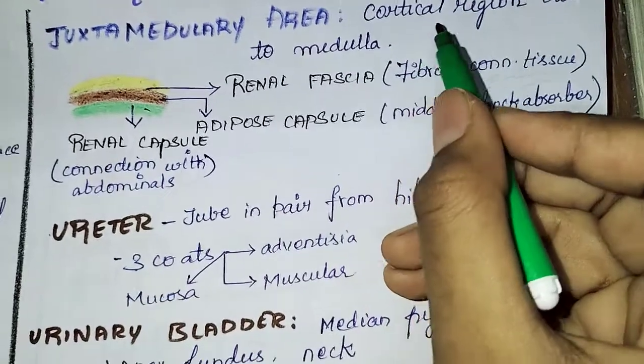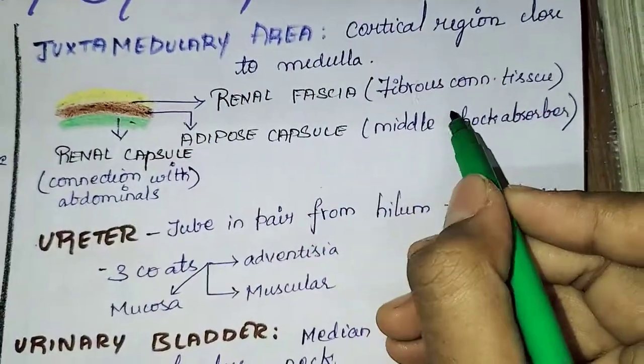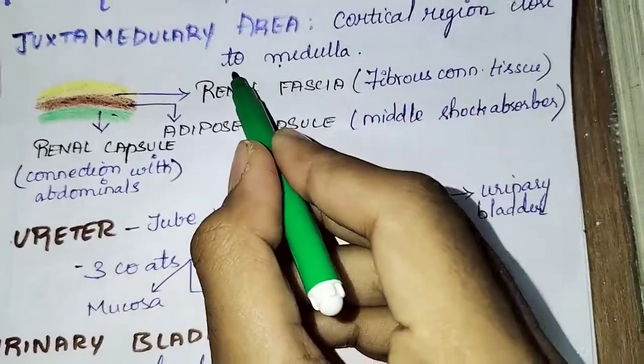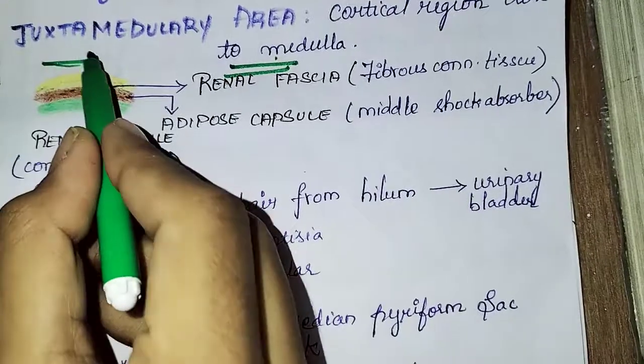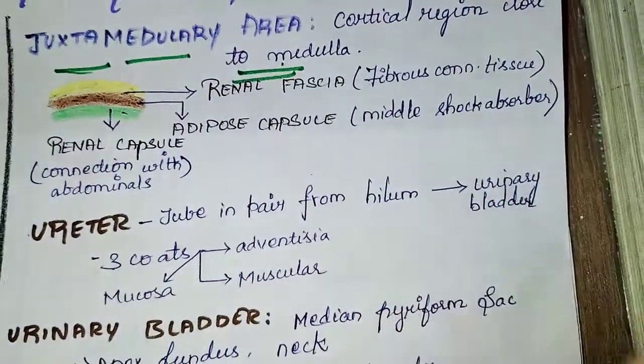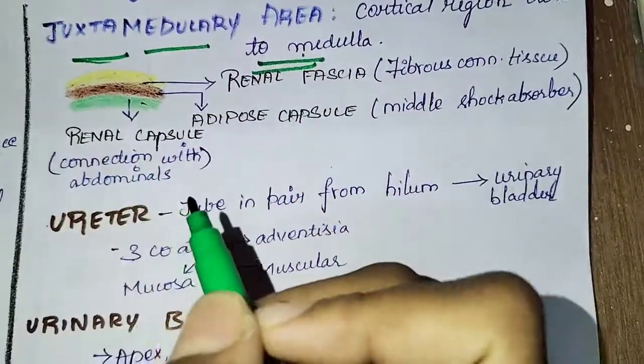What is that? The cortical region. The juxtamedullary area belongs to the cortical region, but it lies close to the medulla, so they are juxta, near the medulla. Clear?